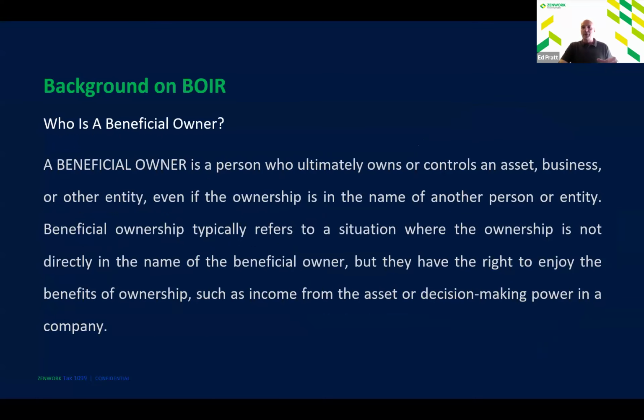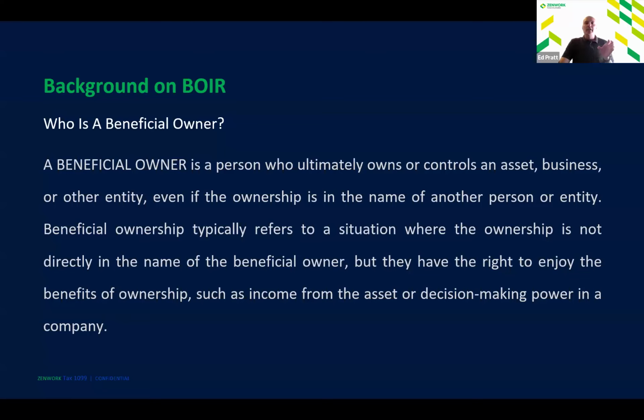So who is a beneficial owner? It's just what it sounds like, right? It's someone who controls a business or an asset or an entity. It might not even be in your name specifically, but you control that other entity. If you have a multi-tier organization where you have a holding company at the top and multiple other entities below, and you own the fourth entity down here and you own the top entity up here, then you are responsible for the reporting for that fourth entity down below.